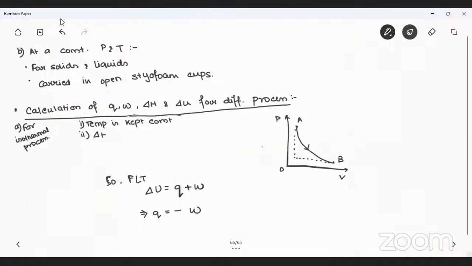Second, delta H is equivalent to 0. Third, delta U is equivalent to 0. We can write like this because these are the conditions for the isothermal process. So according to the first law of thermodynamics, we can use this equation, and Q is equal to minus W. Up to this part, is it clear to everyone?